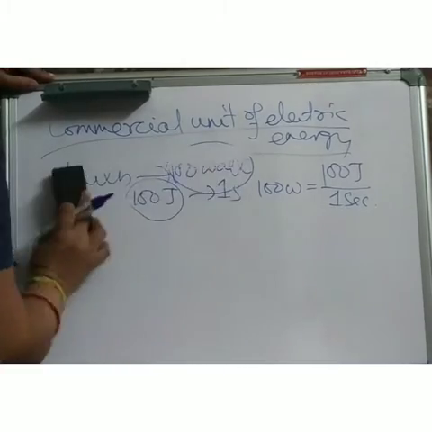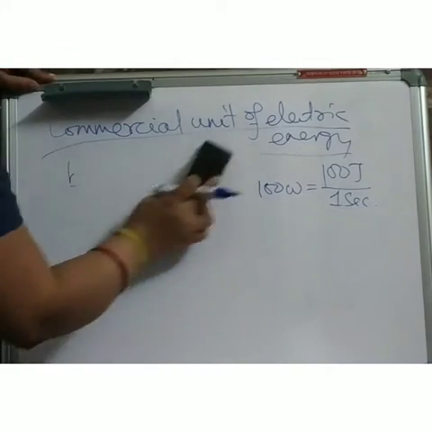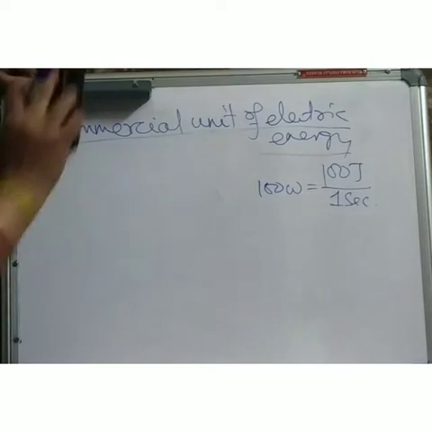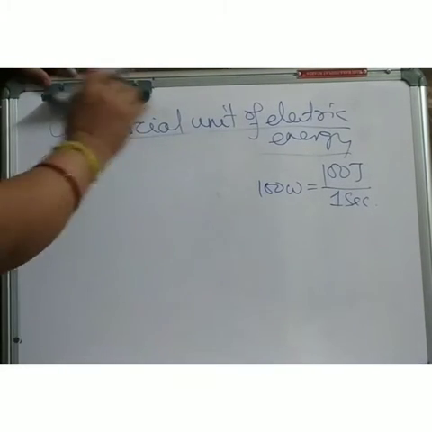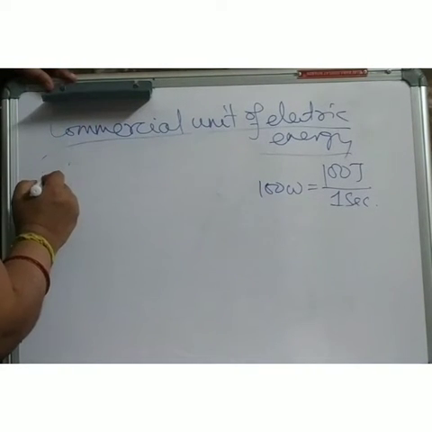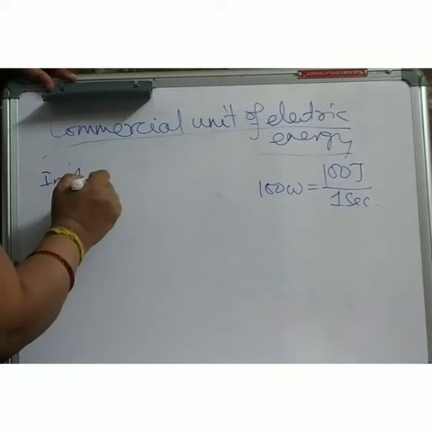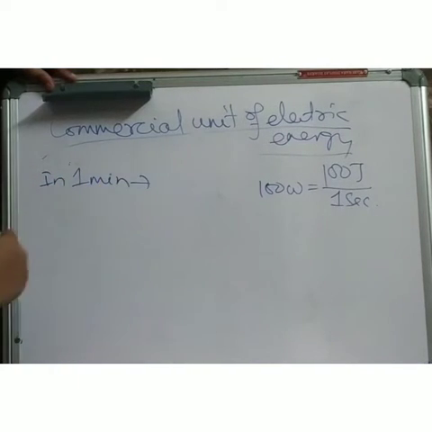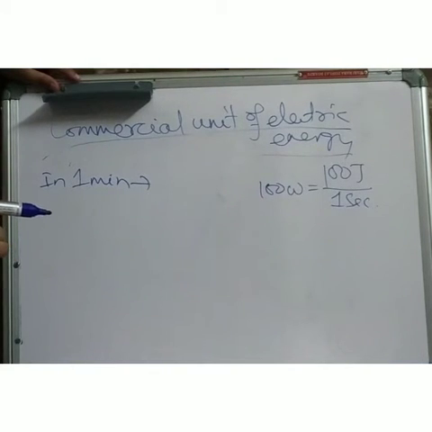Suppose the bulb consumes 100 joules of energy in 1 second. So in 1 minute, how much will it consume? Can anybody tell me? Very easy. 1 minute is equal to 60 seconds.